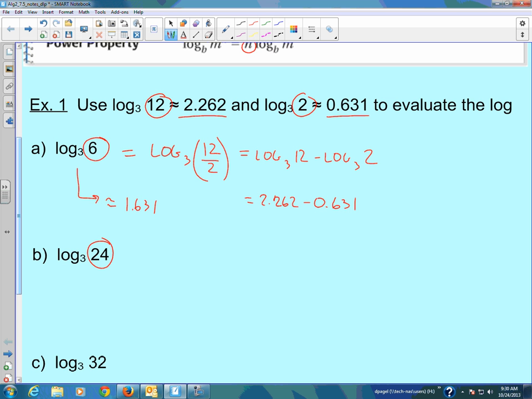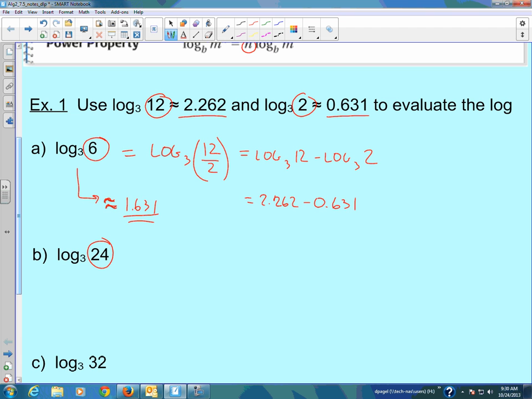If I were to check this on my calculator, we're going to learn in a little bit how we can change our base from a base 3 log to a base 10 so that I can use this on my calculator. Some calculators actually have a change base option on them, but we'll come back and peek at that. But that's what log base 3 of 6 would be equal to, 1.631. If I'm getting a ballpark figure, here's a way of mentally checking.